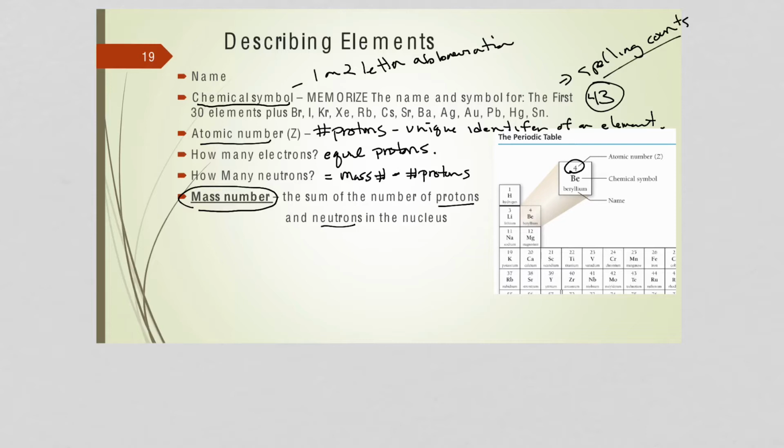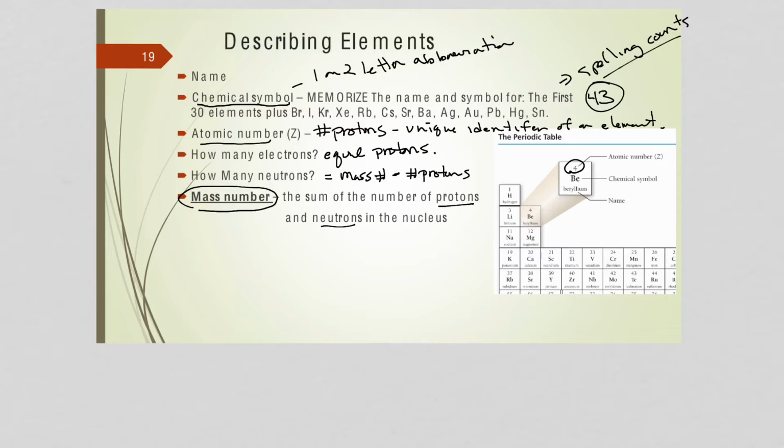So now we have some idea of different ways that we can describe the elements. We can describe them by their name, by their symbol, by their atomic number. These are the identifiers of the element. Now what we're going to find out is that we can also describe them in a little more detail based on their mass number.